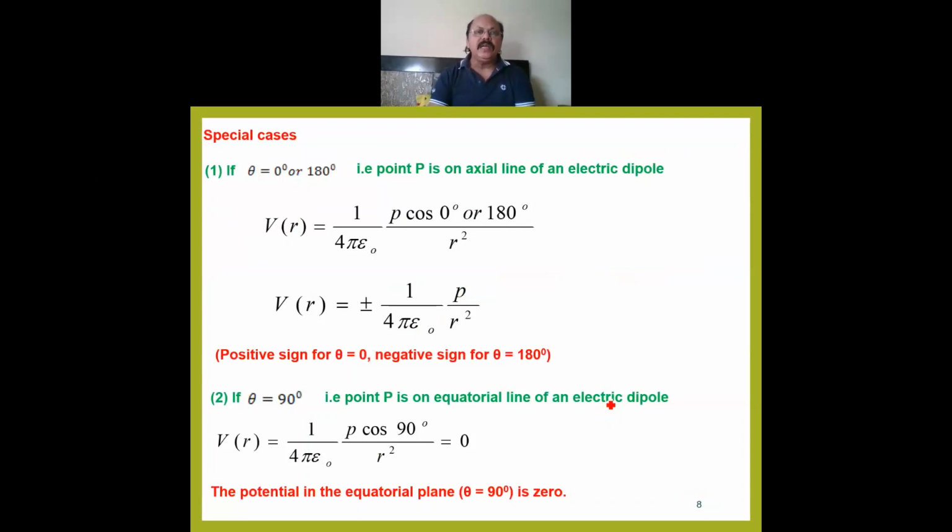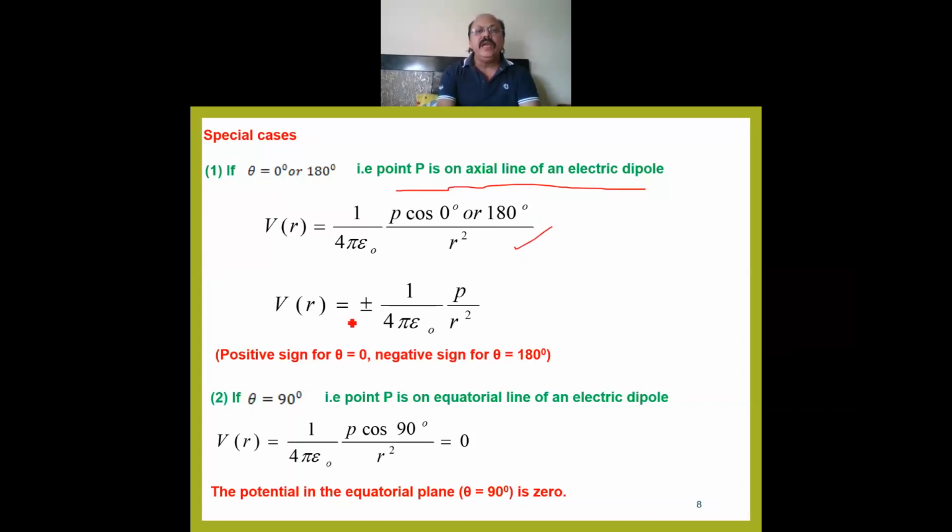Now we take special cases. As I told you earlier, the point P is neither on axial line nor on equatorial line. But if the angle theta equals 0 or 180 degree, then in that condition the point P is on the axial line of the electric dipole. Then substitute this value, V(r) equals 1 upon 4 pi epsilon naught p cos 0 or 180 degree upon r square.